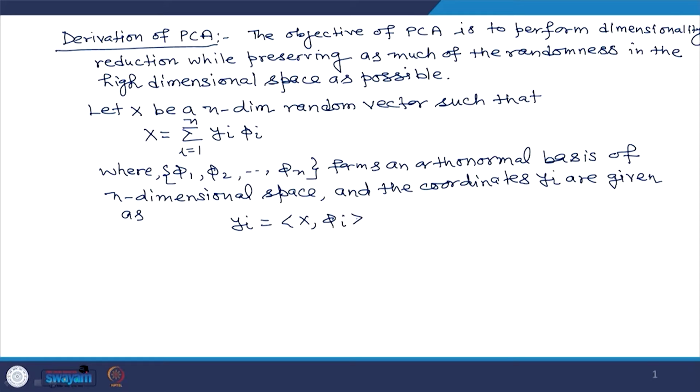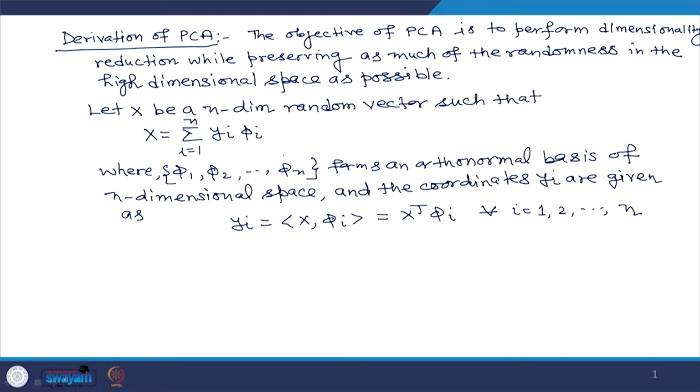We have seen it earlier. In the case of R^n, it becomes the dot product, for all i equals 1 to n. So, this is the representation of a vector x in n dimensional space.